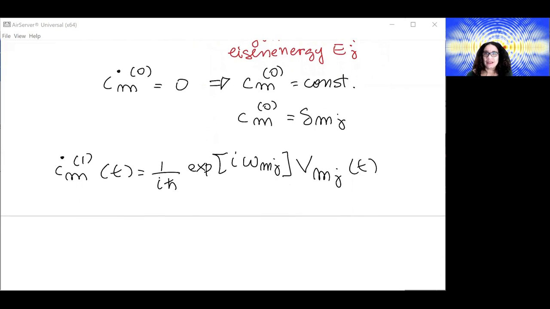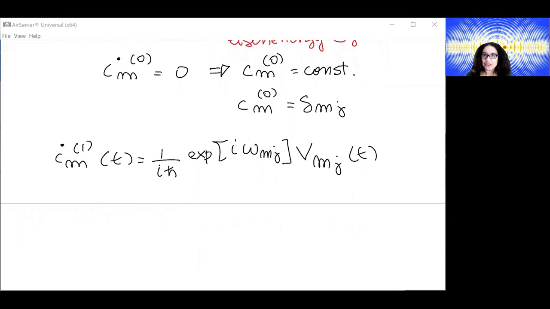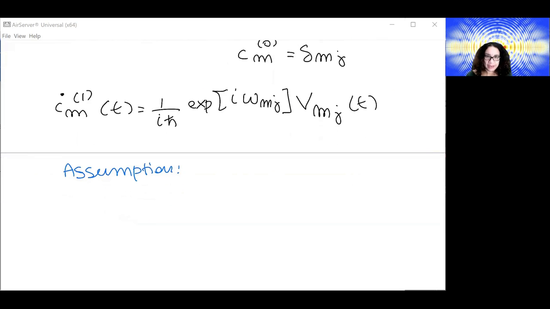And we also need to limit the time for which we are switching on or off our perturbation. So this is also another assumption that we'll make. And we keep this time for the moment finite.